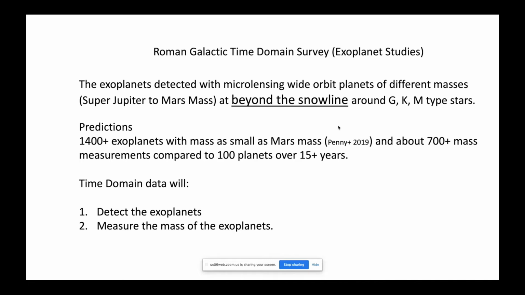But with Roman, we are predicting that more than 1,400 such exoplanets will be discovered, and for 50% or more of them, we can get mass measurements of both the planet and their host stars. So with this time domain data, we will not only detect all these exoplanets, we will also get the mass of the exoplanets and their host stars.